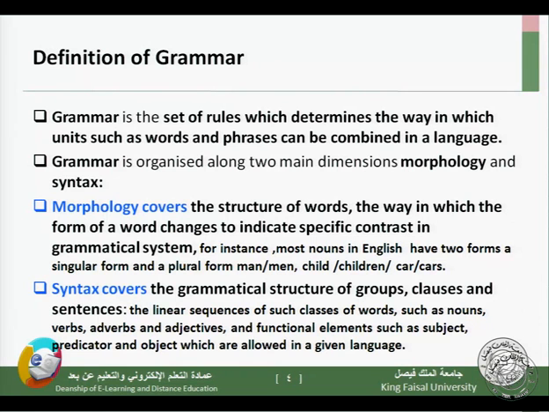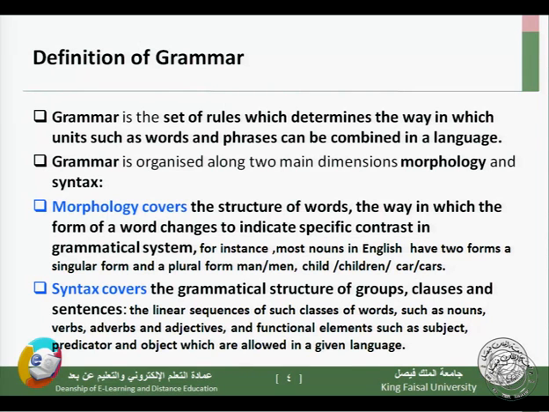It is a set of rules which determines the way in which units such as words and phrases can be combined together in a language. It means grammar determines how words and how phrases can be combined together in a language. This is grammar.